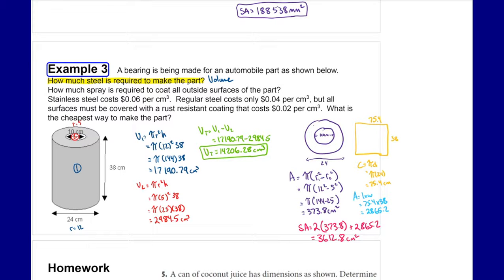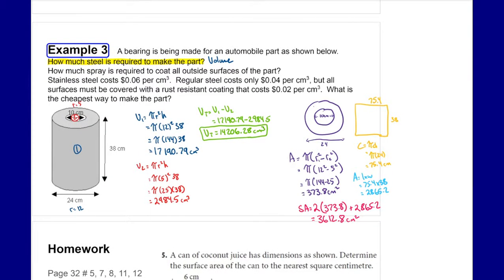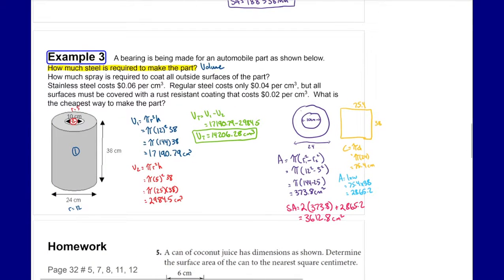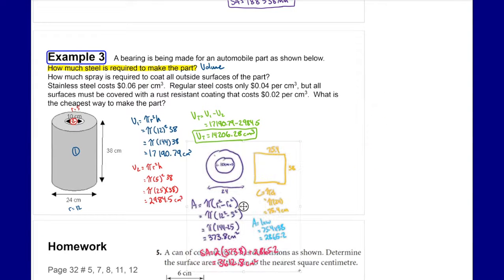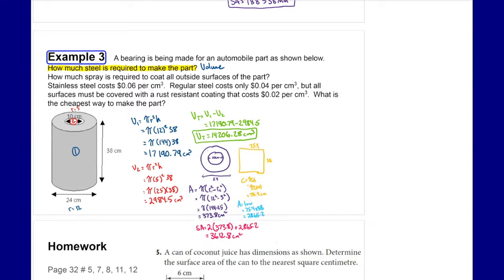So we're going to have to add the rust-resistant coating either way. Looking just at the cost itself, because we're making it out of steel, we can see right off the bat that regular steel is going to be the better option. So let me actually move this over. So regular steel is going to be the better cost.